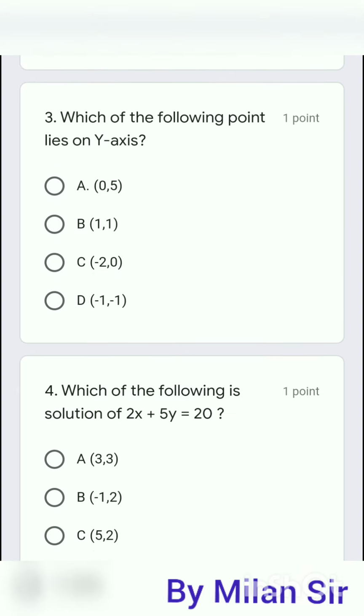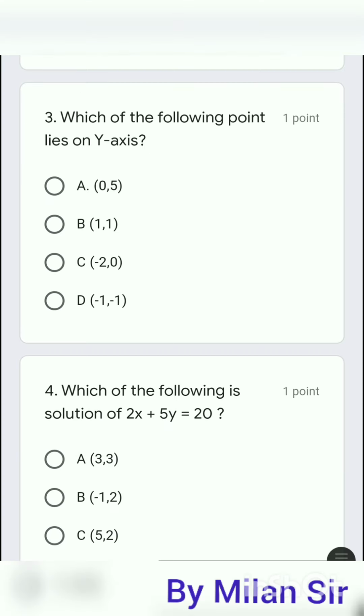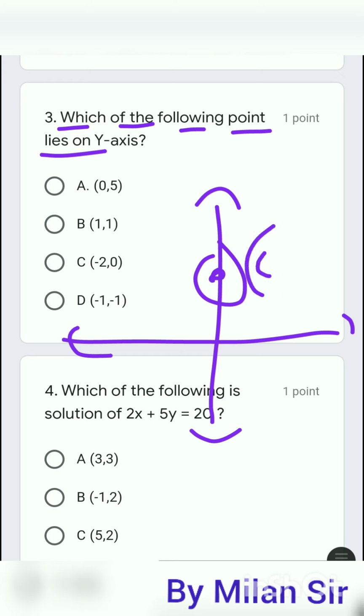After that, which of the following points lies on the y-axis? If any point is on the y-axis, then definitely its x coordinate is 0, because if you extend this line to the x-axis, it is 0.